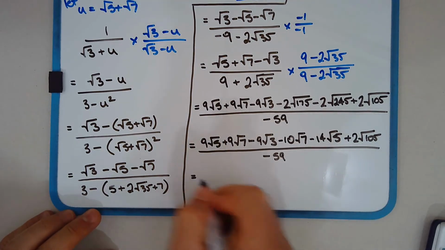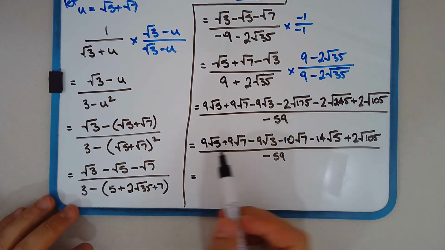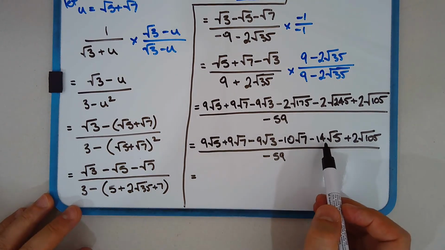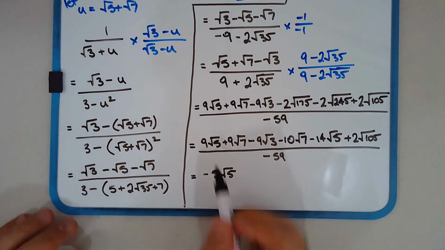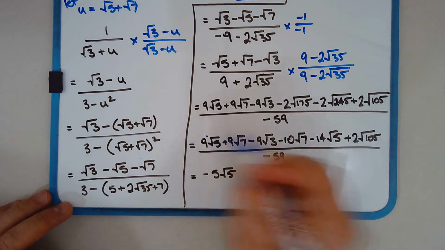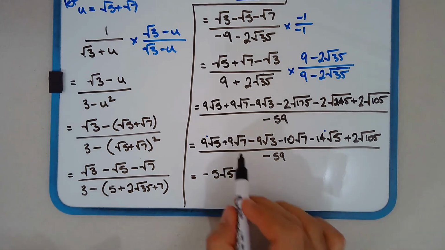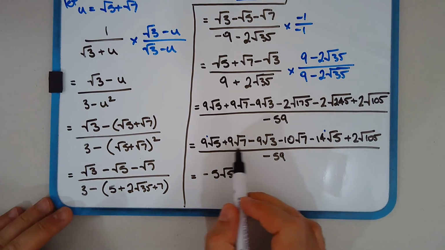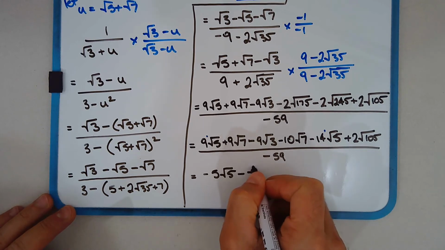Okay, now let's see if we can combine some like terms, and probably we'll just end it at this point. We can keep simplifying over and over, but let's see, 9 minus 14, negative 5, isn't it? So, negative 5 root 5. Just to make it easier, I'm going to put a little dot over the ones that I've used up. Okay, we've got some root 7s there, so 9 root 7 minus 10 root 7, that's minus root 7.